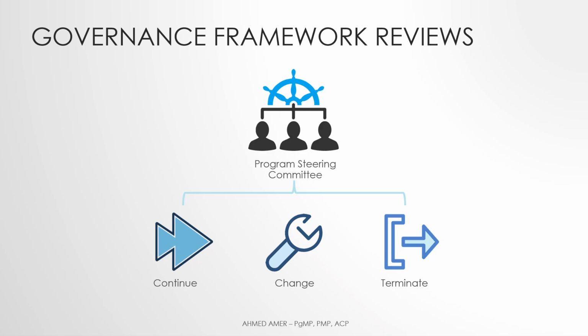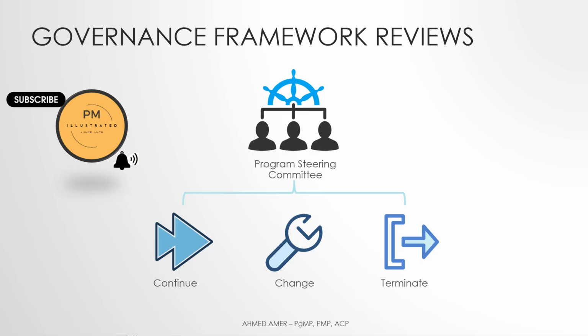It's implied that conducting reviews offers the program steering committee an opportunity to decide whether to continue supporting the program as it is or suggest changes to its strategy. These reviews help improve the program's ability to achieve its intended benefits by allowing the committee to confirm its direction or recommend adaptive changes when needed.